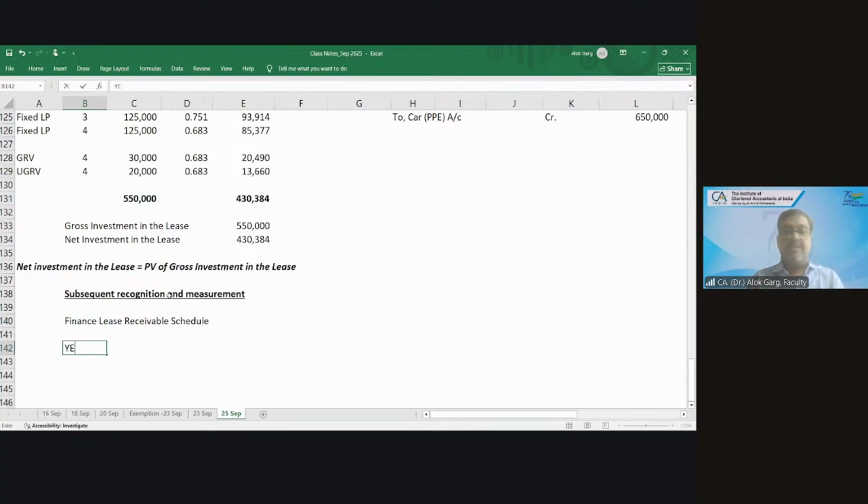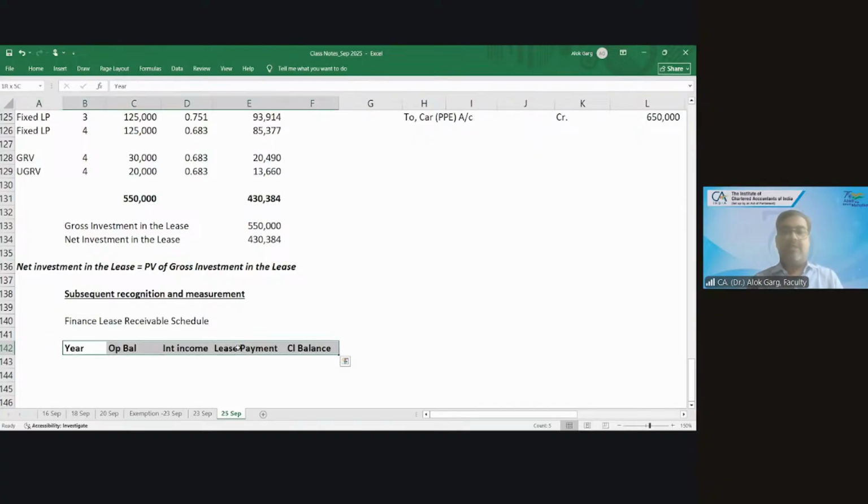It has the year, opening balance, interest income, then lease payment, then closing balance. Do you remember this? Yes, remember.